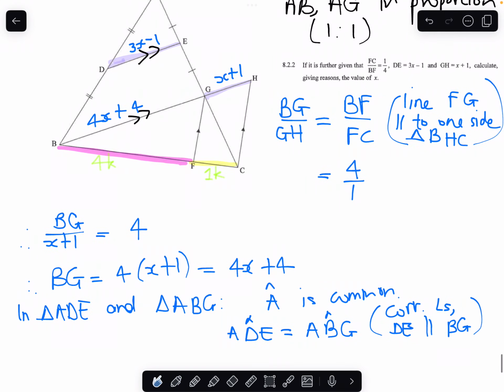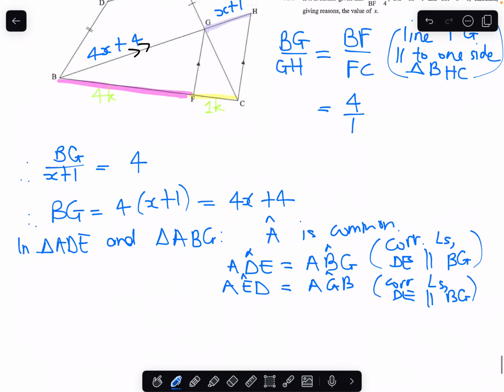And then lastly, angle AED is equal to angle AGB. We can just say it's the third angle, or the angle sum, but that's more verbose. Let's just say corresponding angles, DE parallel to BG as well.